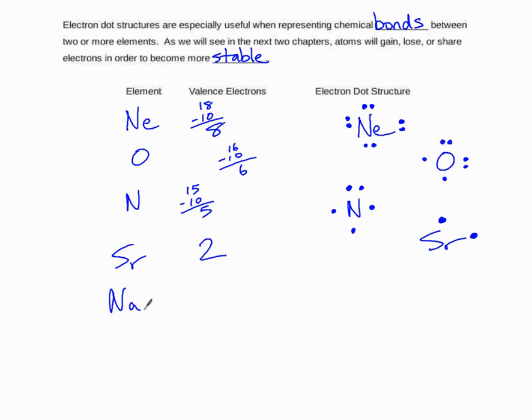Here's sodium, Na. It's in group 1. It's an alkali metal. Everything in group 1 has 1 valence electron. Here is my sodium with its 1 valence electron. This electron is important. The 10 electrons that are here don't really do a whole lot. They do something, but not that interesting. This one is the one that's really interesting.